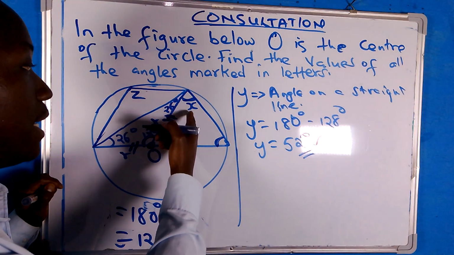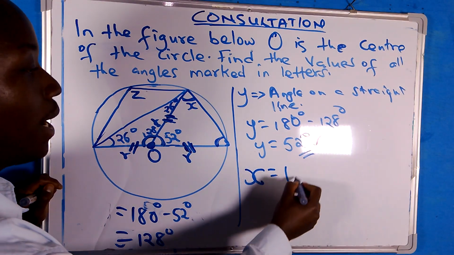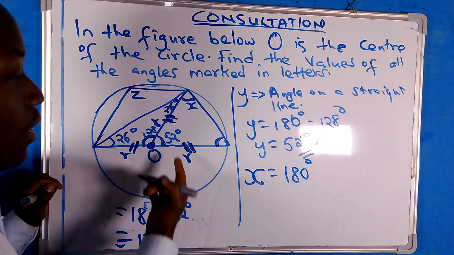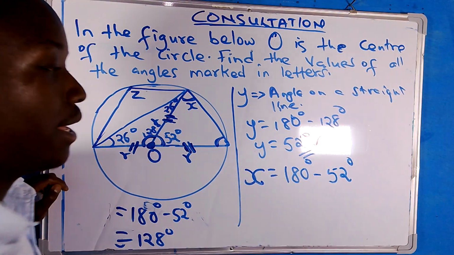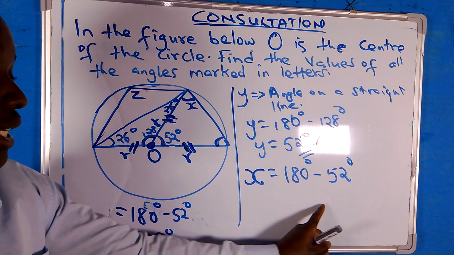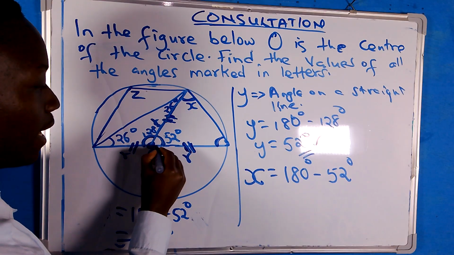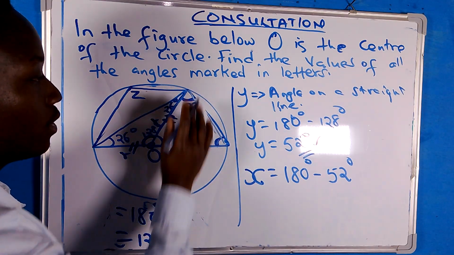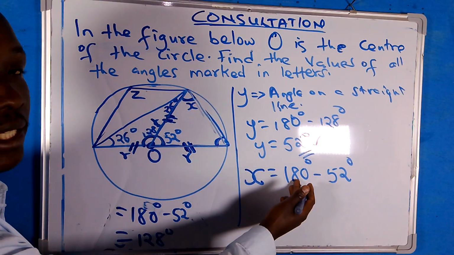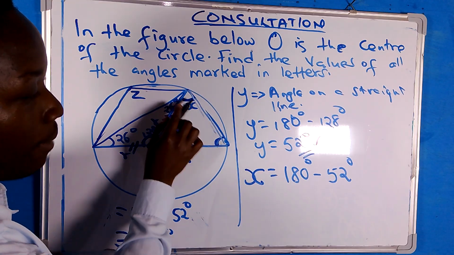For us to determine x, we first take 180 degrees and subtract 52 degrees. Why are we taking 180? Because the interior angles of a triangle add up to 180 degrees. So we take 180 degrees minus 52 degrees, and we remain with the sum of the two angles.